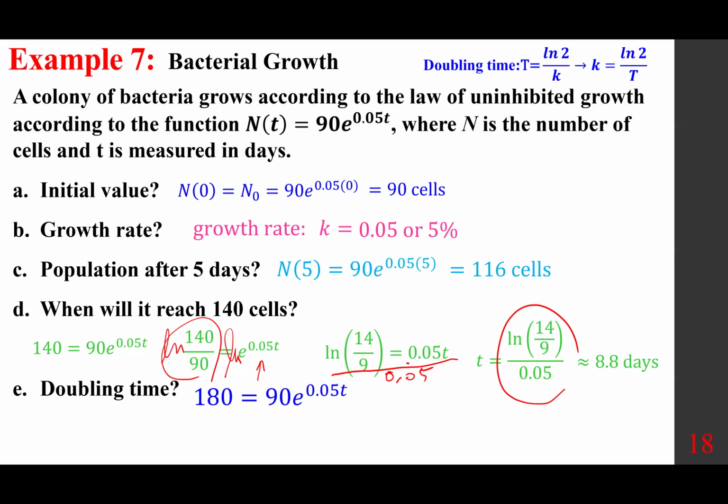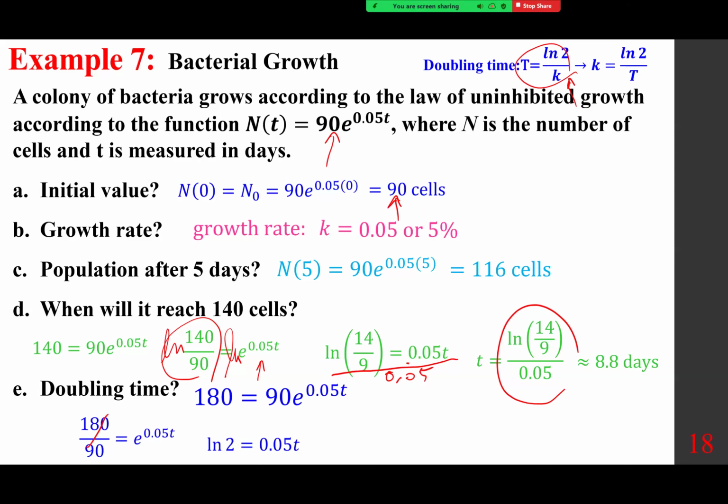Doubling time, again, you can use, class, ln2 divided by k, which is ln2 divided by 0.05. Just to show you again one more time, you replace this one with 180 because this is the initial value. And then divide by 90, you get 2.